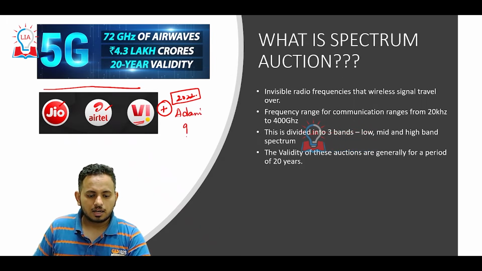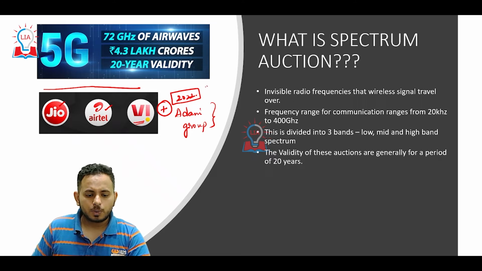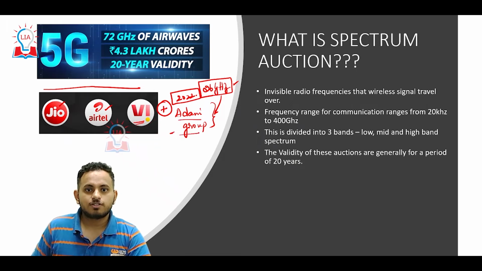Okay, the Adani Group also started bidding and also won a limited 26 gigahertz spectrum. This was the spectrum that Adani Group targeted, and Adani Group got this spectrum. And we have the 4th player, okay, that is Adani Group in 2022 5G spectrum auction.